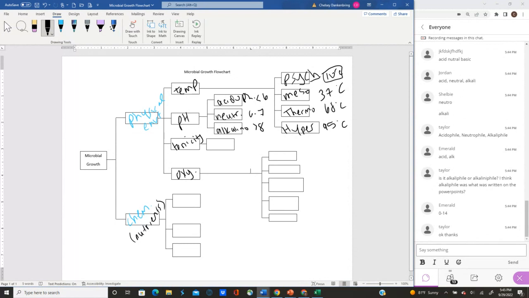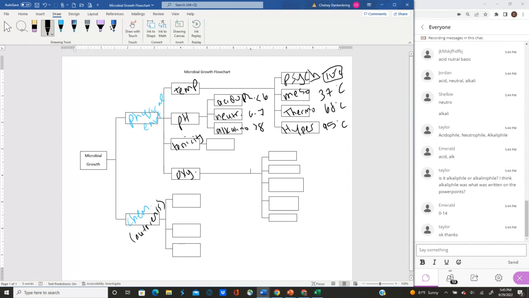So remember, y'all, acidophiles love acidic pHs, but you have to remember from chemistry that acidic pHs are low pHs. Because I could say to you on an exam, you discover a bacteria growing at 68 degrees Celsius and a pH of 2. How would you classify it? You would have to go, okay, pH of 2, that's low, so it's acidic, so the organism's an acidophile.